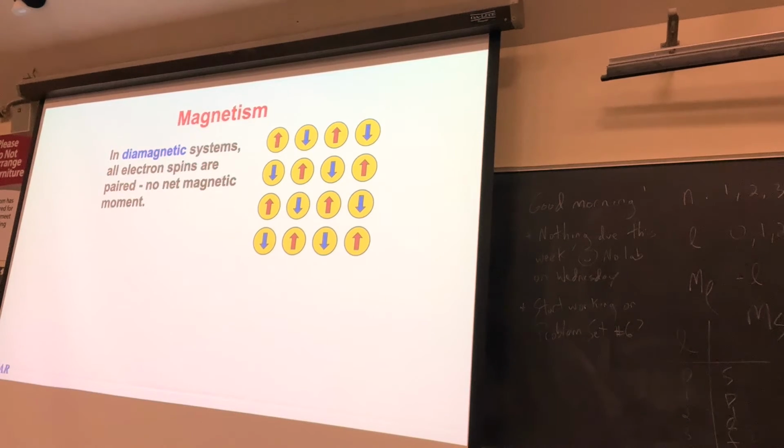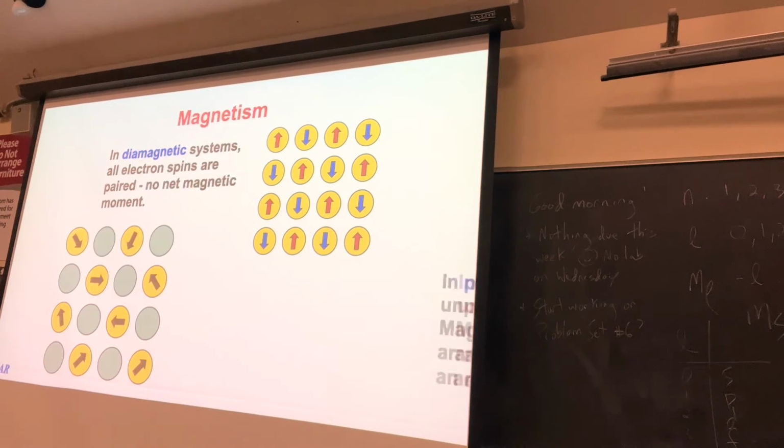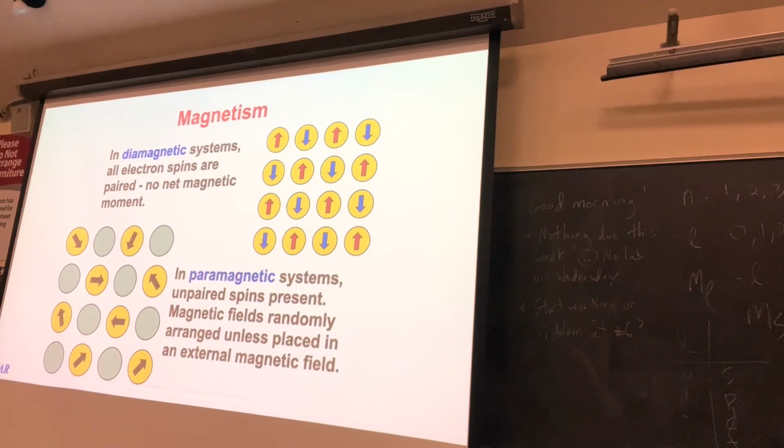Most of the things that we deal with in our day-to-day life are diamagnetic. They're not magnetic. However, it is possible, and we'll see examples of this, to have more up or down arrows. You have some kind of net excess arrow direction going on, and that means that it's what's called paramagnetic. Paramagnets have more up arrows than down, or more down than up, it doesn't really matter. But you do have a net magnetic moment.